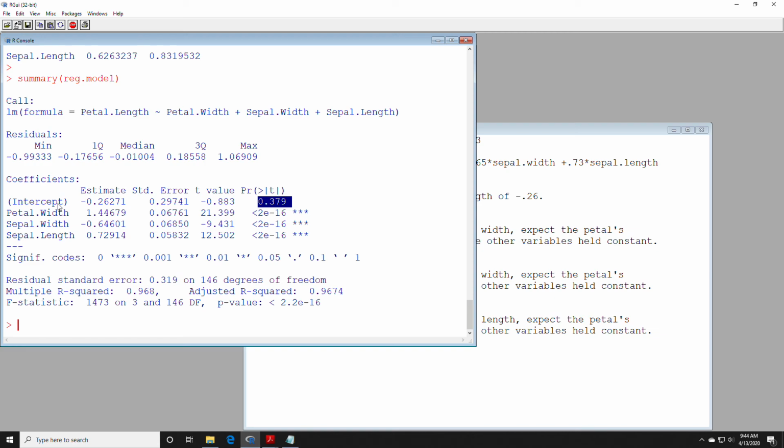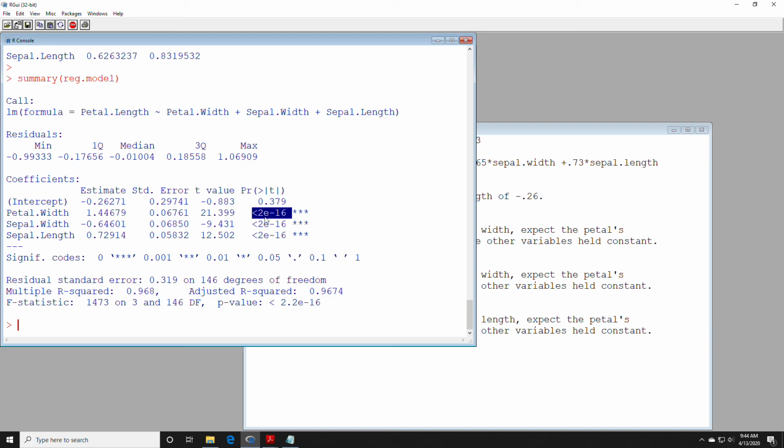We usually take that in modeling to mean, well, it's probably not needed then. But in this case, it's the intercept, and testing that is just not useful. What we want to test is these, because these p-values tell us whether we need these variables in the model or not. For example, all three of these p-values are the same, 2 times 10 to the negative 16th.